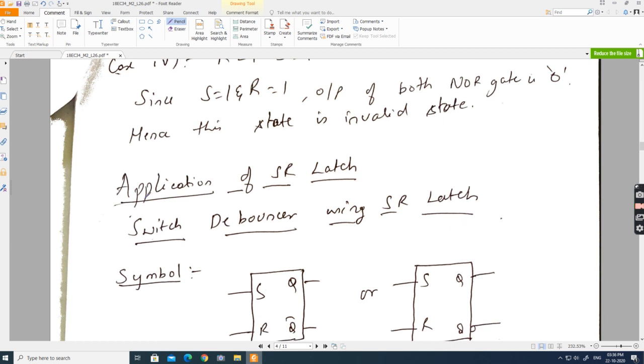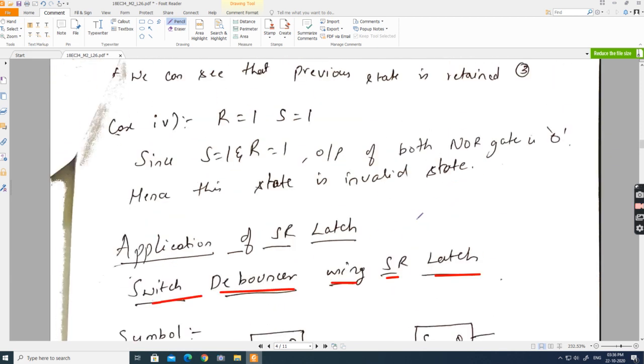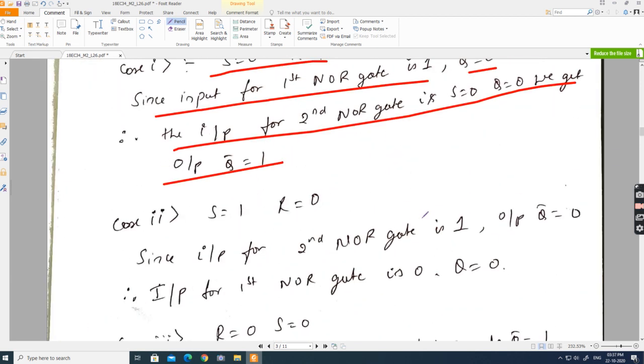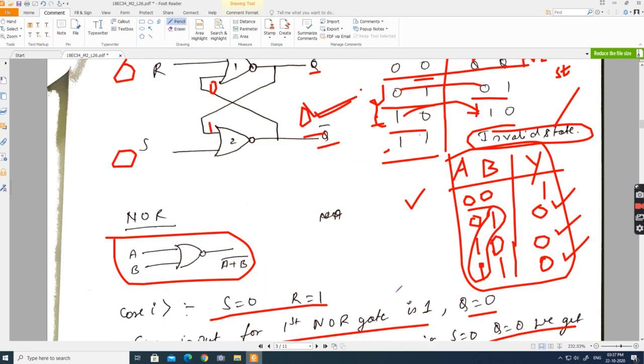And one application of the SR latch is the switch debouncer. Switch debouncer using the SR latch. What is the normal problem with regular switches? Here I have not mentioned the symbol.